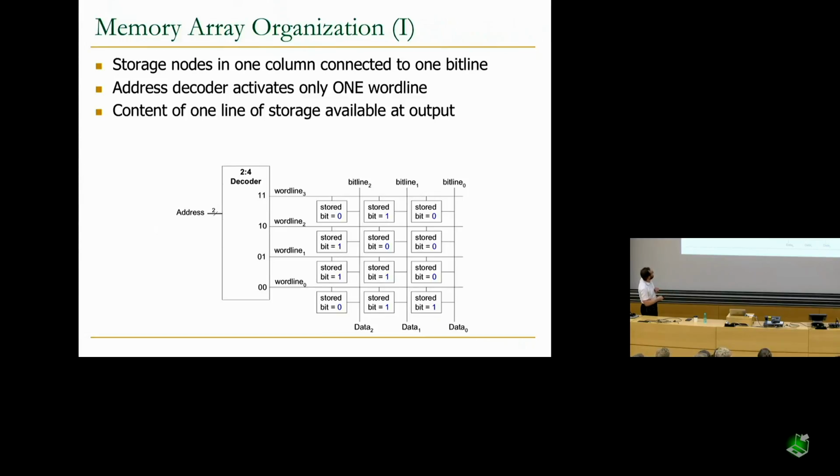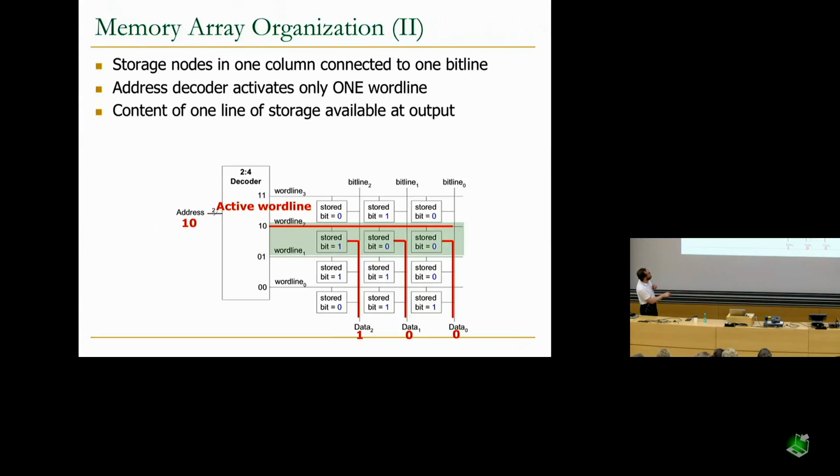Basically, you activate the word line. In this case, you supply the address 10, apply high voltage to it. That high voltage enables the stored bits that are connected to that word line to be connected to the bit lines. That's how you read the 3 bits that are on this word line. That's how you get 100.